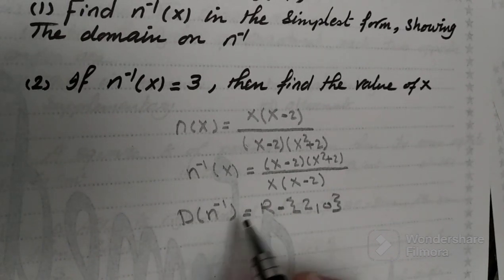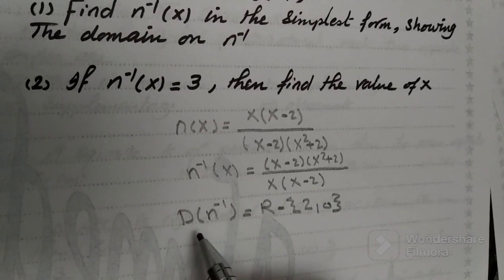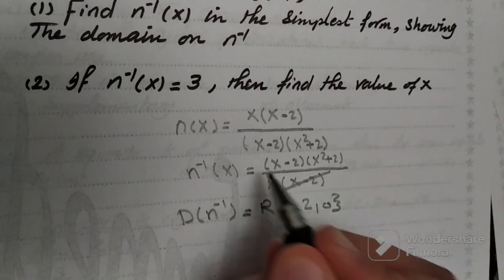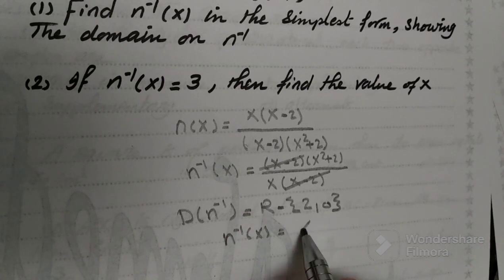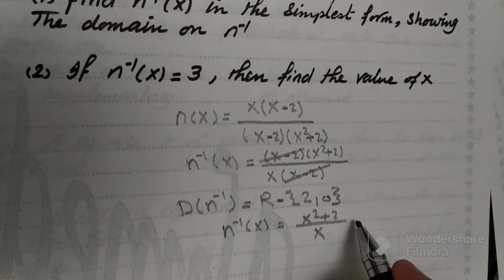This is the domain of n power negative 1. Simplify it. x minus 2 with x minus 2. n power negative 1 of x equals x squared plus 2 over x. This is number 1.